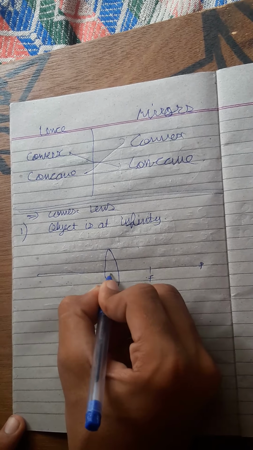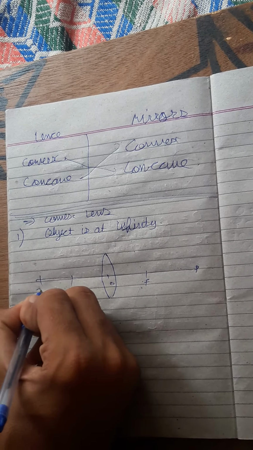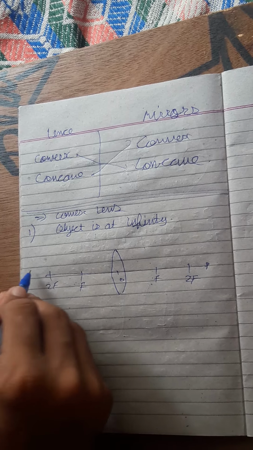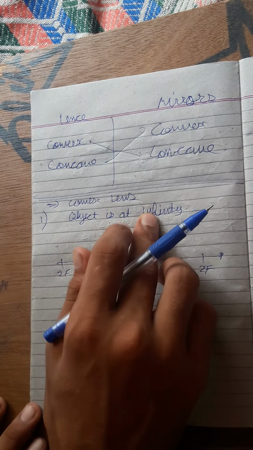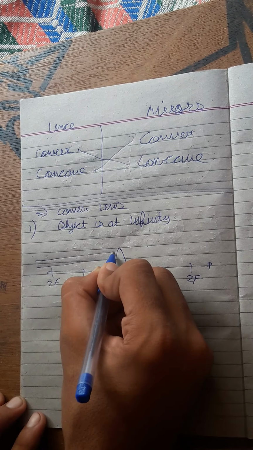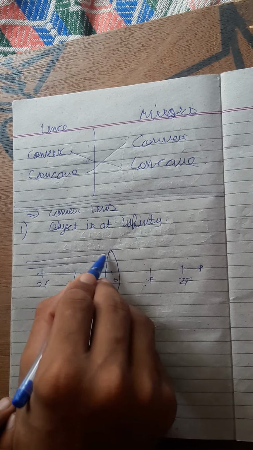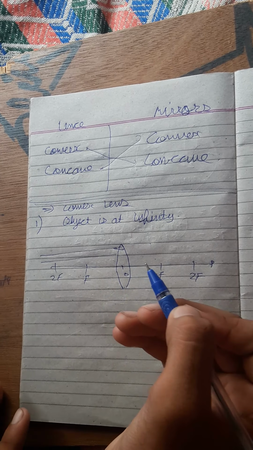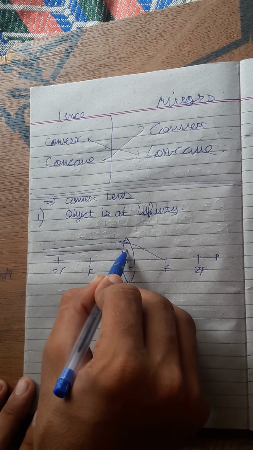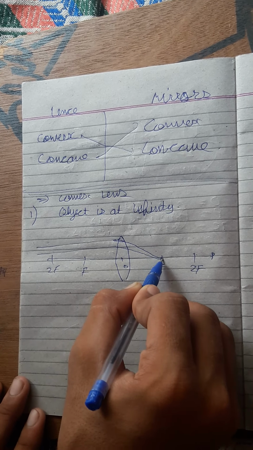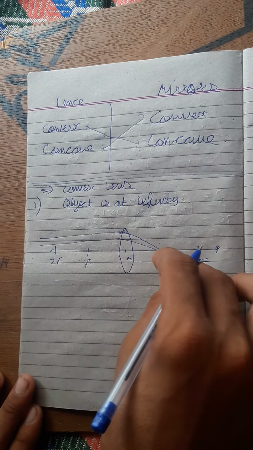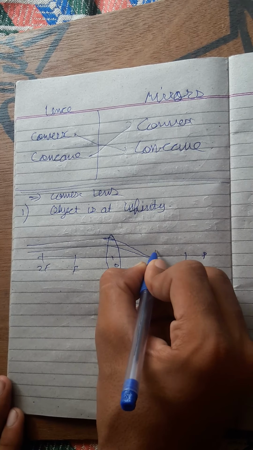This is F, optic center, F, 2F and 2F. So when the object is at infinity, a parallel beam of light would come, parallel to the principal axis. We know that when the light comes, it would meet at the focus, and this line would also meet at the focus. So this is meeting at the focus. We know that the image is formed when the two beams of light meet. So the image is formed here.